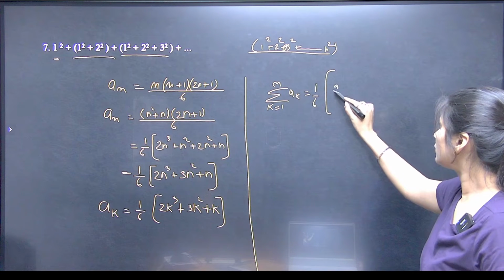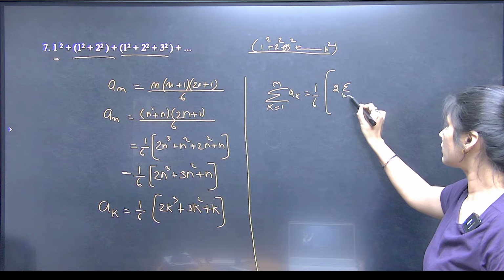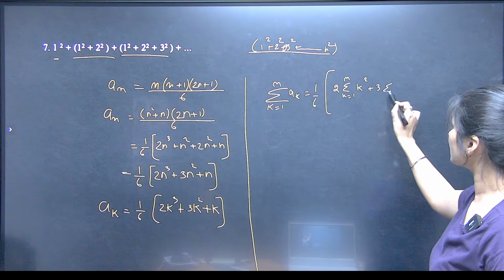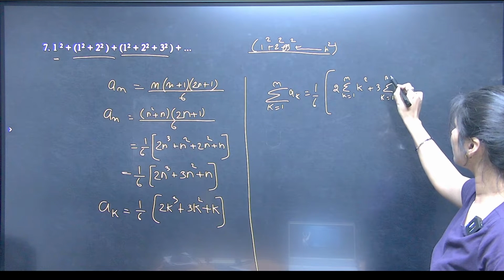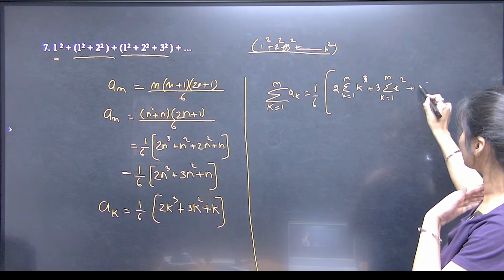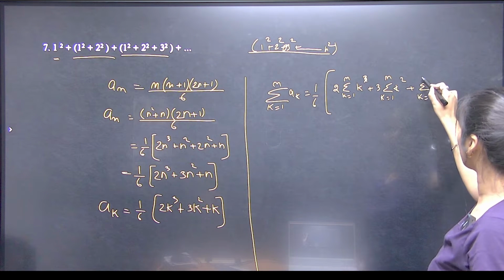Now we have 2 into summation k equal to 1 to n k cube plus 3 into summation k equal to 1 to n k square plus summation k equal to 1 to n k.